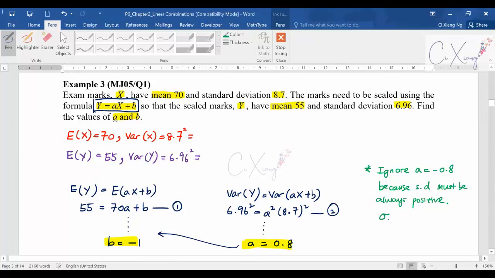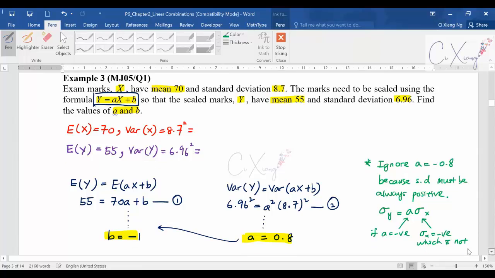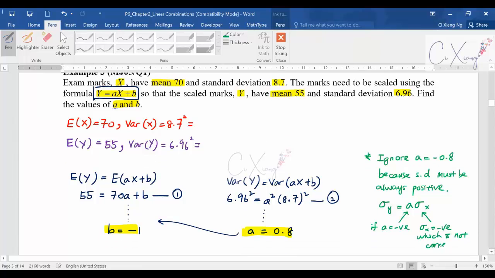And then the standard deviation for y is equal to a times the standard deviation for x. So if a is negative, then this one also has to be negative, which is not logical, which is not correct, because the standard deviation must be positive, cannot be negative.